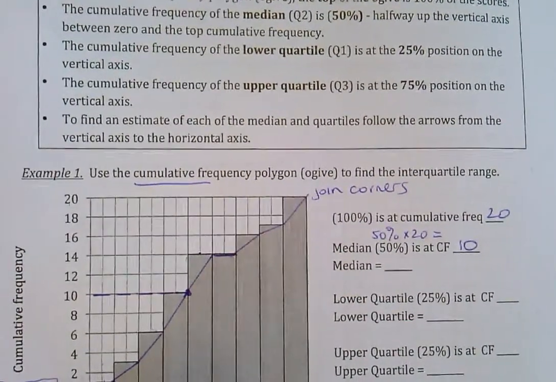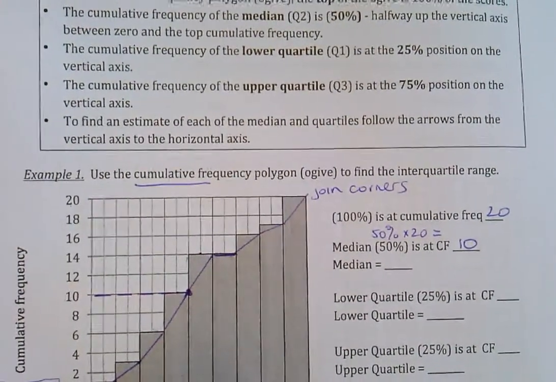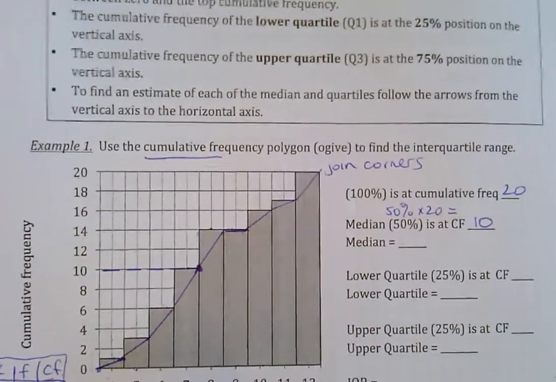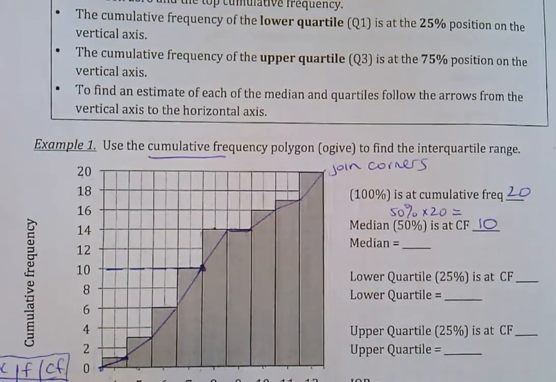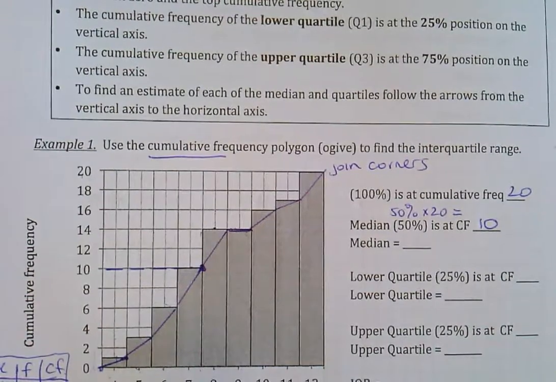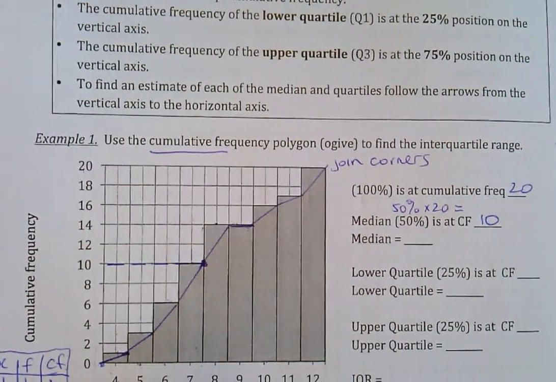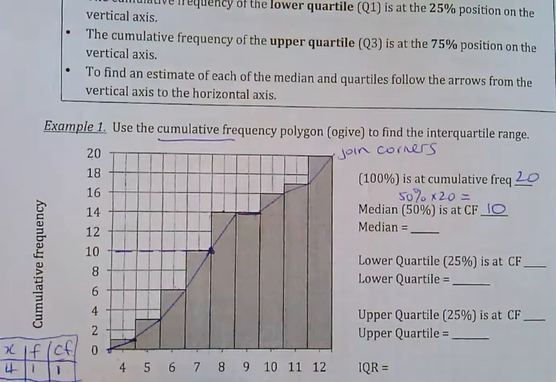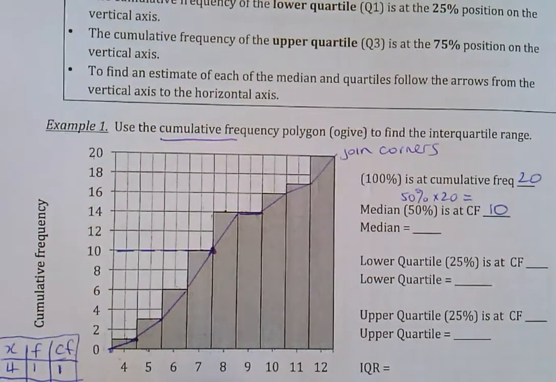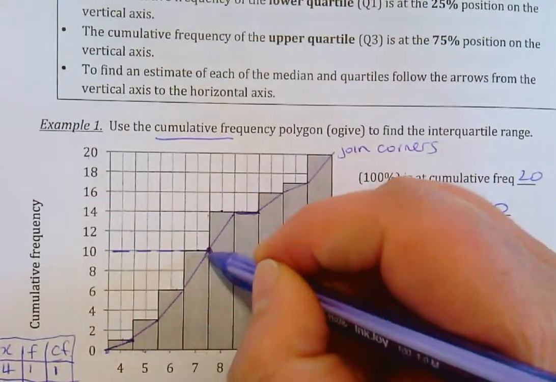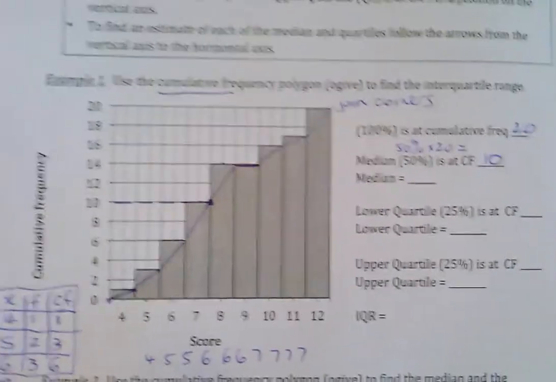The median is 50%, which is halfway up the vertical axis. The lower quartile, it all makes sense, is at the 25% mark, and the upper quartile is at the 75% mark. And to find an estimate of the median and the quartiles, you follow the arrows from the vertical axis down to the horizontal. Now, I'm going to put percentiles here.